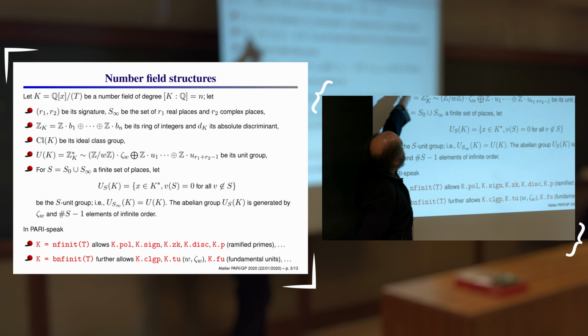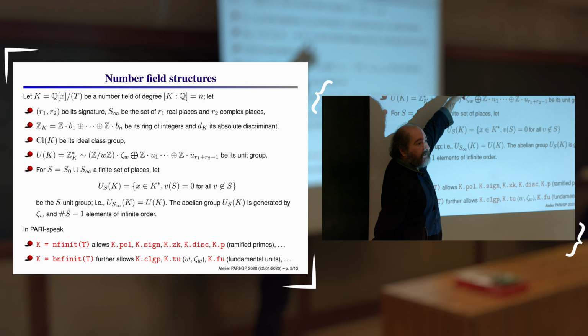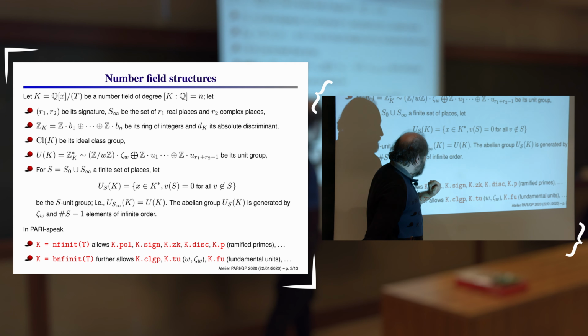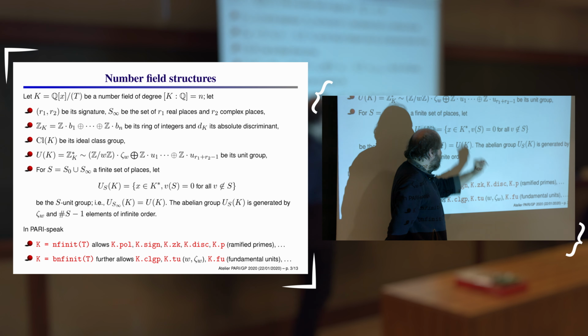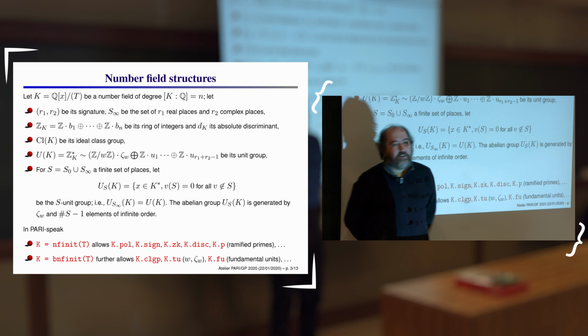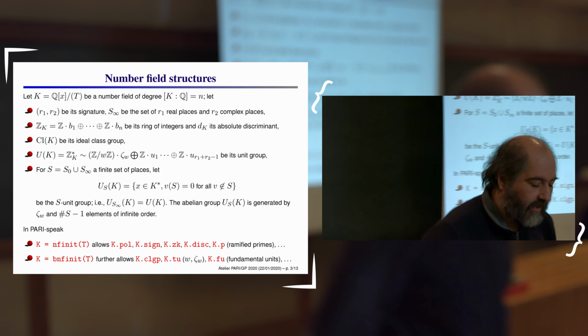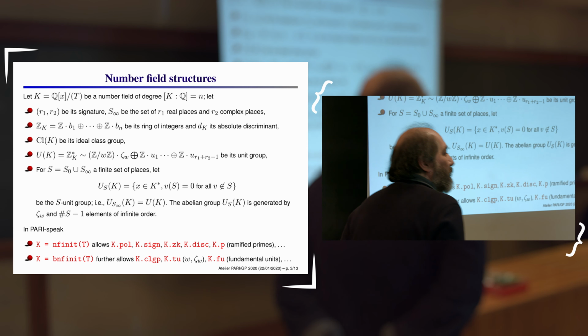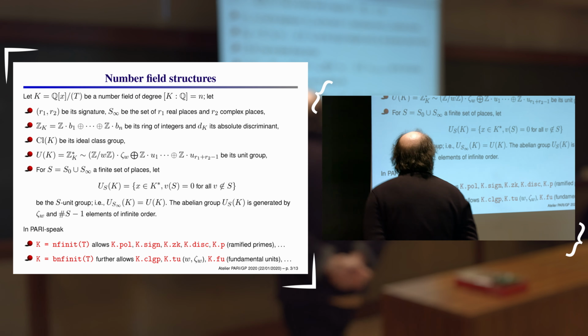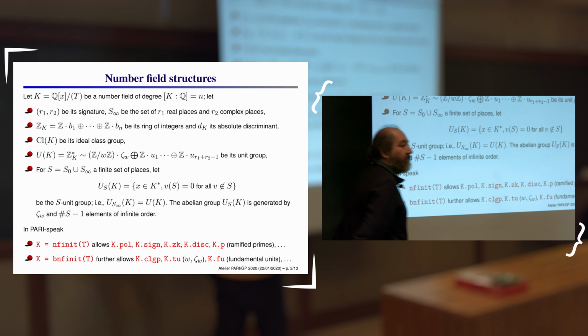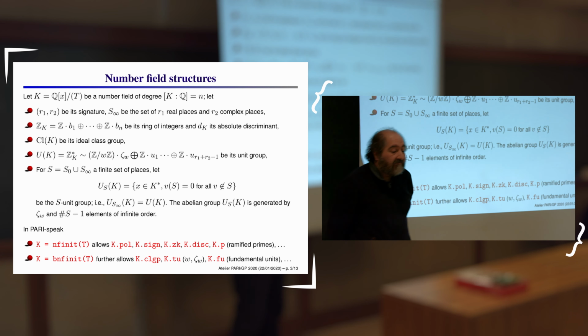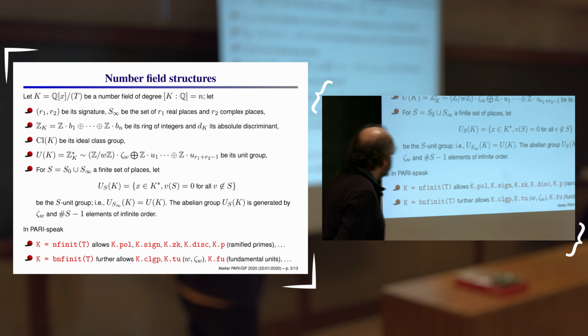Zk is actually the Z basis. Discriminant is dk. K.p I discovered while preparing this tutorial. I completely forgot and I had introduced that. But it's all the bad primes, so it's the list of ramified primes. So it's the prime divisors of dk. It's available for some reason.